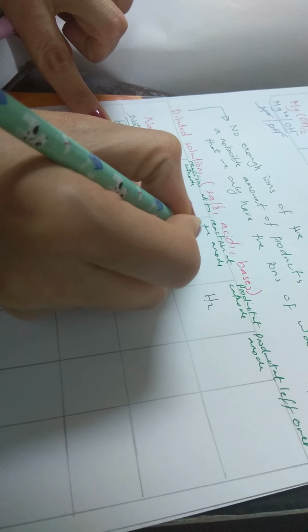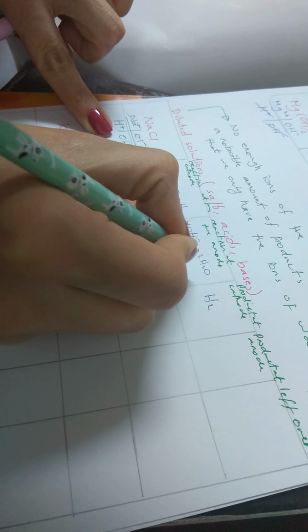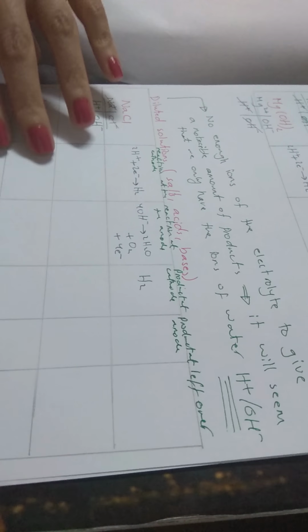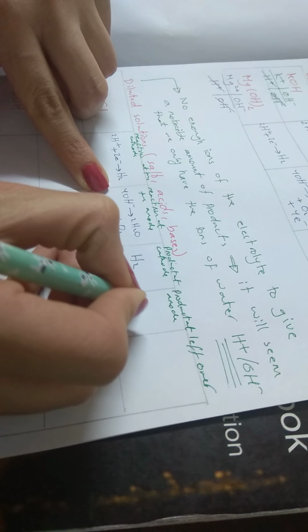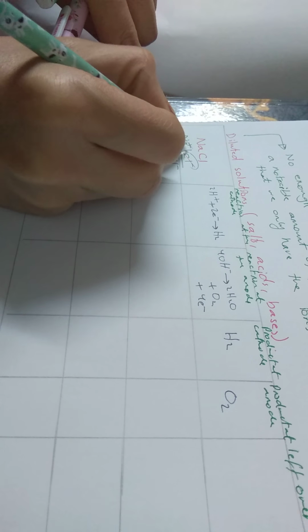At the anode, as I said before, we have the OH minus, so the product at the anode is O2. And the leftover, I mean that leftover are Na and Cl.